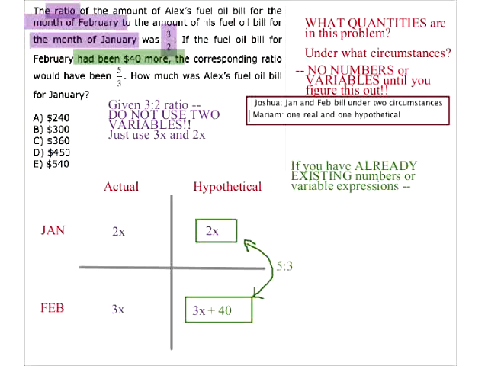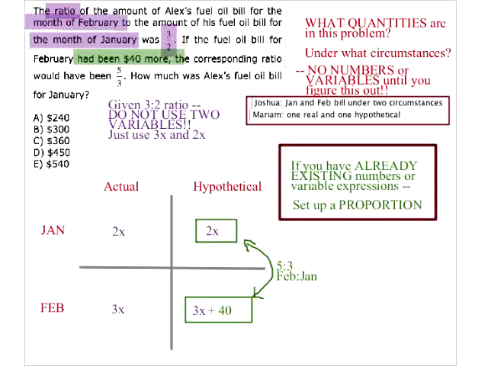So how do you set that up? Yeah, now you set up a proportion. You don't want to set up a proportion if you are defining variables. That's very, very important. But if you have already existing numbers or already existing variable expressions, then you want to go ahead and set up a proportion.